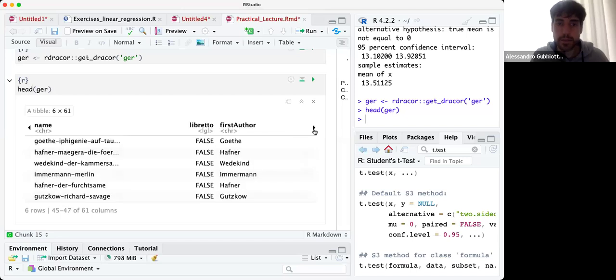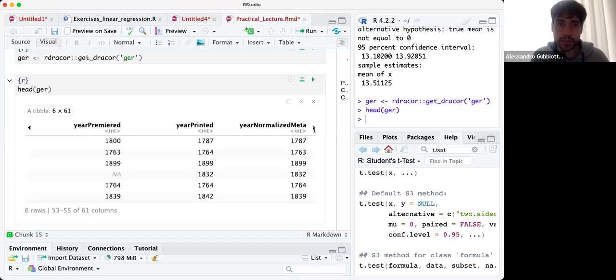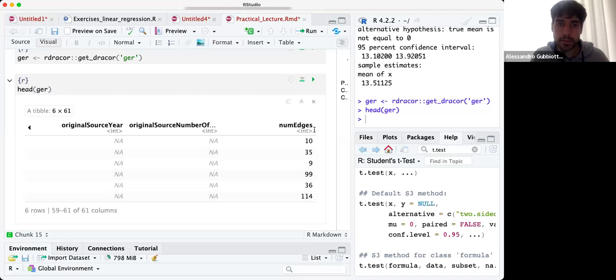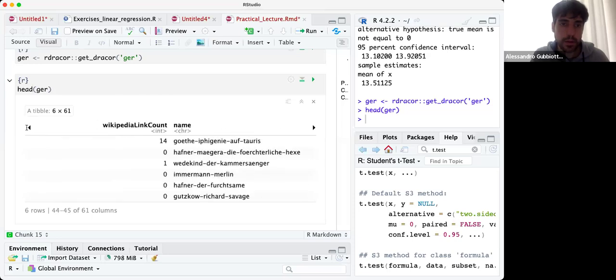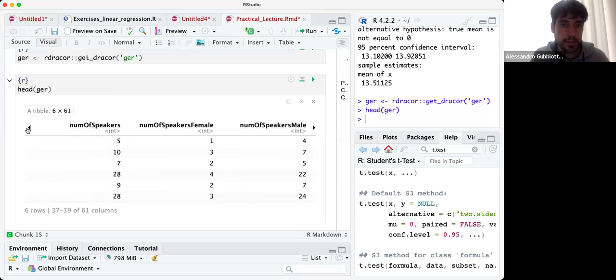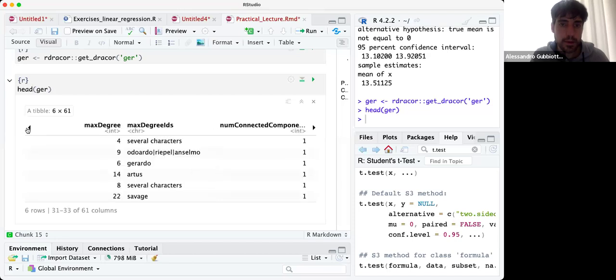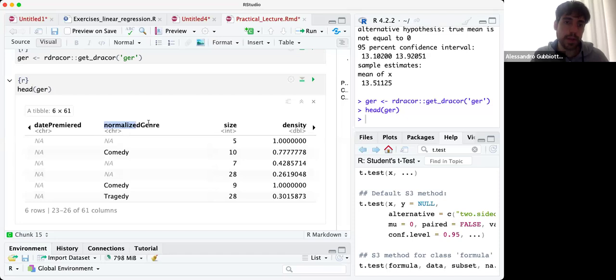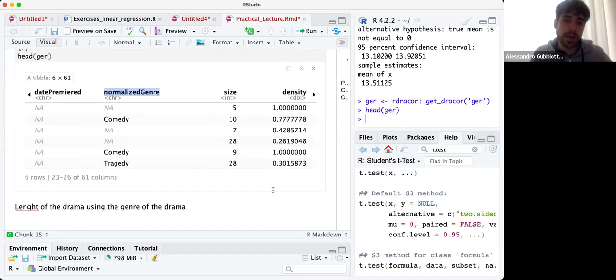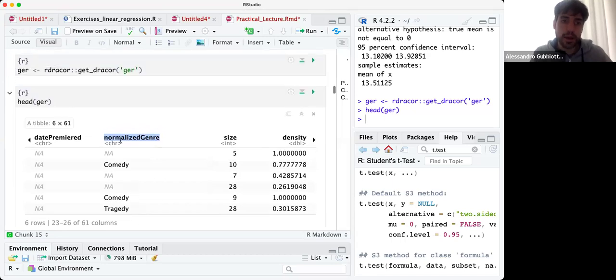Let me see. The normalized genre can take three values: comedy, tragedy, and tragicomedy.